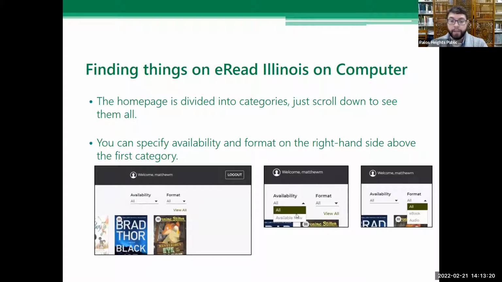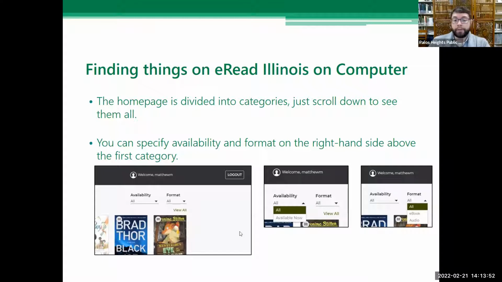Clicking availability, you can select either all or available now. When you click all, it'll show you everything that's available in the eRead Illinois collection. Sometimes, or probably oftentimes, if it's newer, popular stuff, there's going to be a wait list for it, just like with the print books.